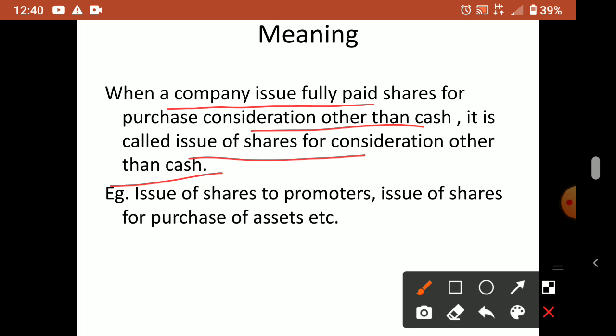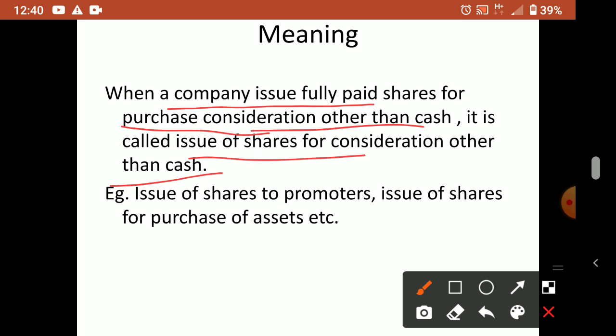The share money is fully paid for purchase consideration. So what do you mean by purchase consideration? When we purchase something, in return what we give, that is called what? Purchase consideration. Suppose when we go to the market and purchase something from a shop, what we give, money, that is called purchase consideration.